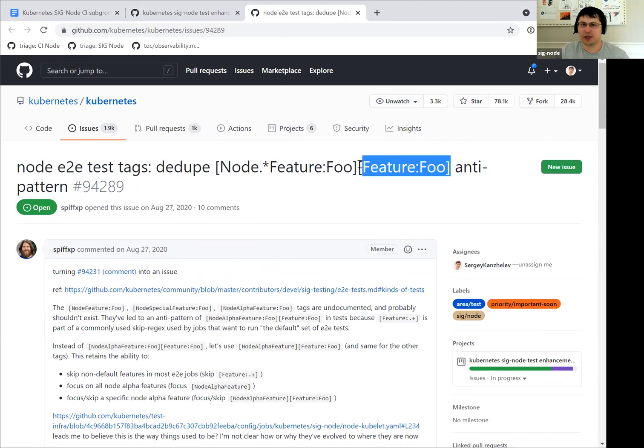Plus, we always keep feature foo as an additional tag. The reason for that is we have a special dashboard for alpha features specifically, where we enable all alpha features and only run them there.